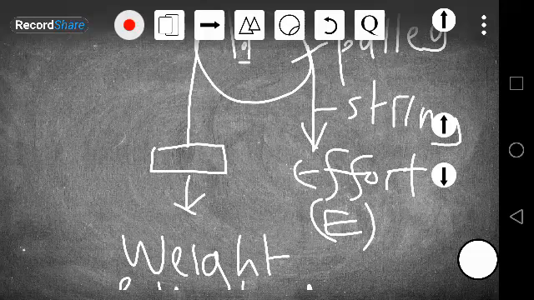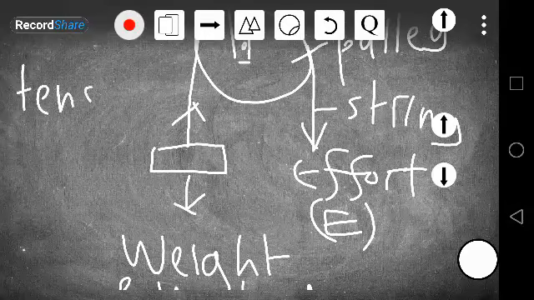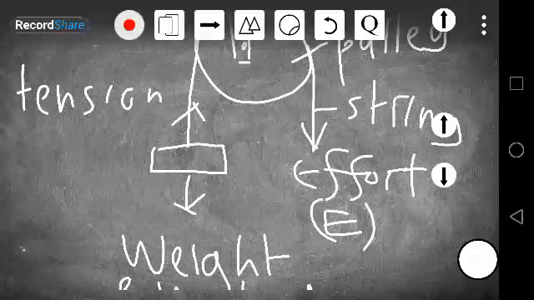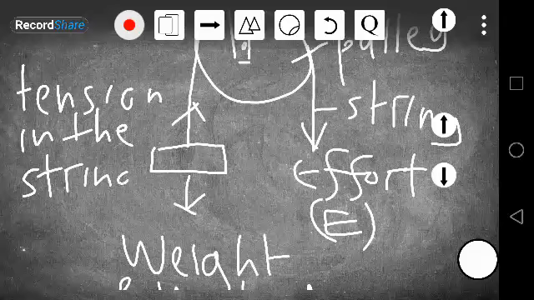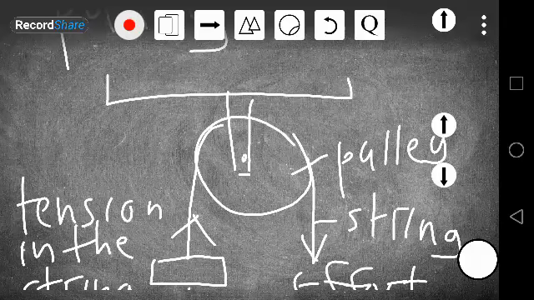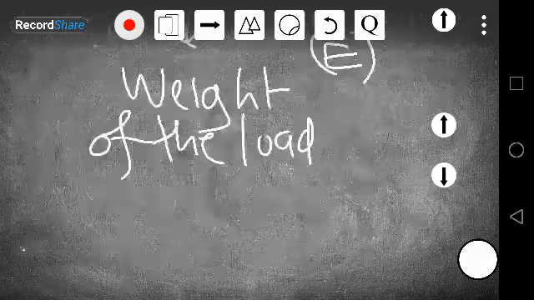And the one that is going up is tension in the string. So this is an example of a single fixed pulley.